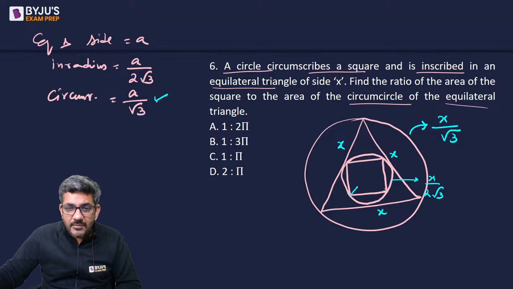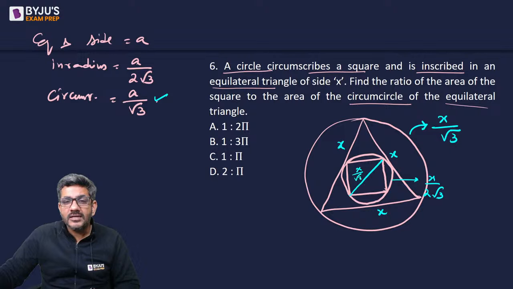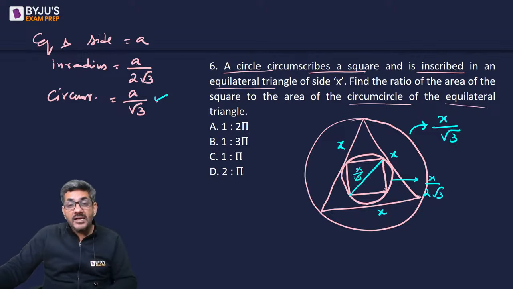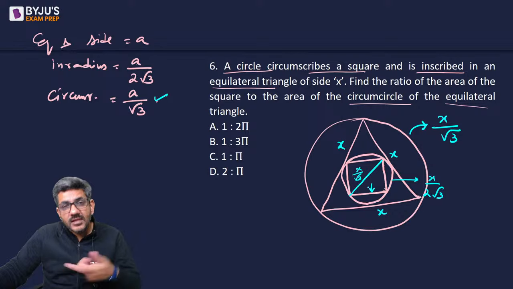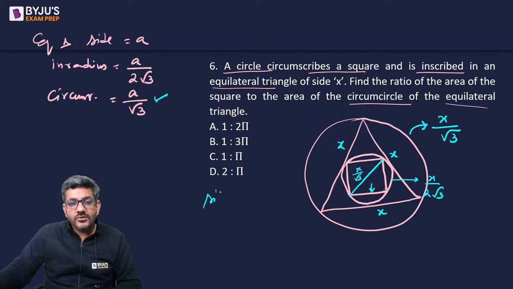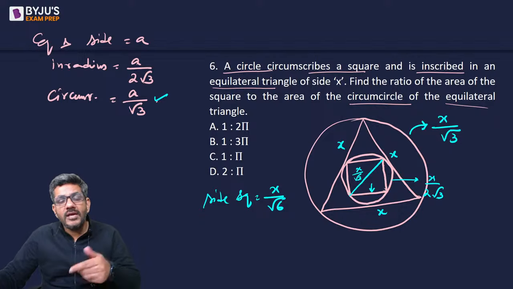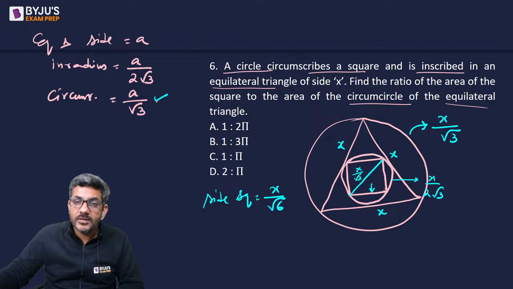So the diameter of the smaller circle is x by 2 root 3 doubled, that is x by root 3. And the side of the square is 1 by root 2 times the diagonal. So the side of the square is x by root 3 divided by root 2, that is x by root 6. If the diagonal is x by root 3, what will the side be? x by root 3 divided by root 2, that is x by root 6.